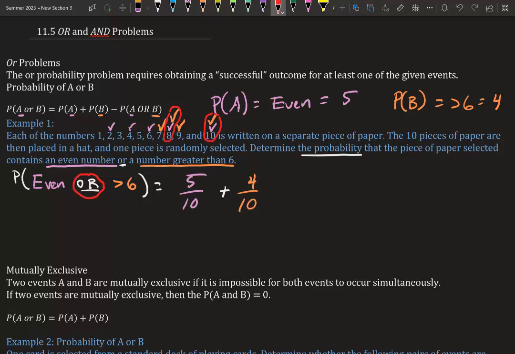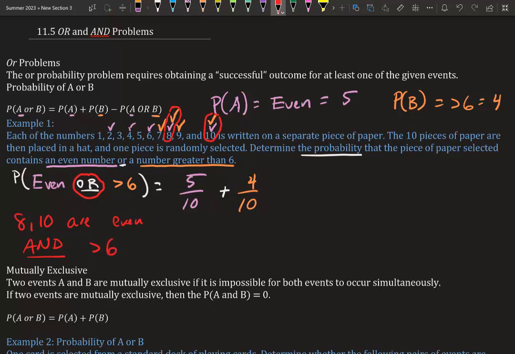So those double check marks are telling us we're not allowed to count those, because that's an and equation.